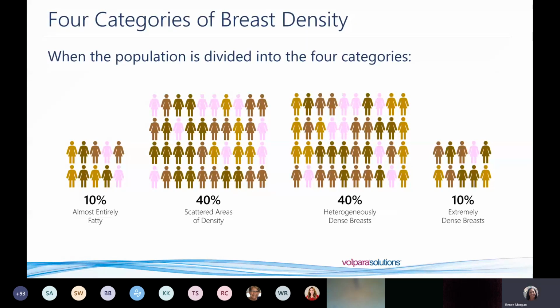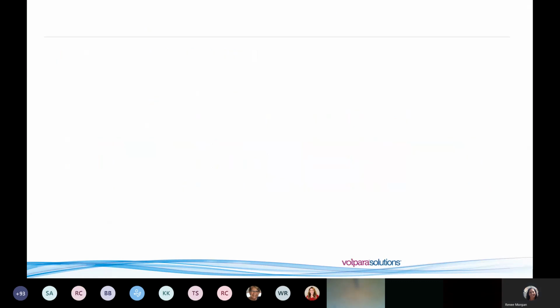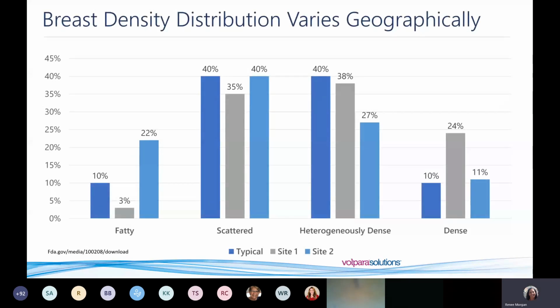So when looking at the population, this is what we typically see divided into 4 categories, where 40% of the population will have scattered tissue, 40% will have heterogeneously dense, and will be bracketed by 10% having fatty and the other 10% having extremely dense breasts. The distribution of breast density does vary geographically.